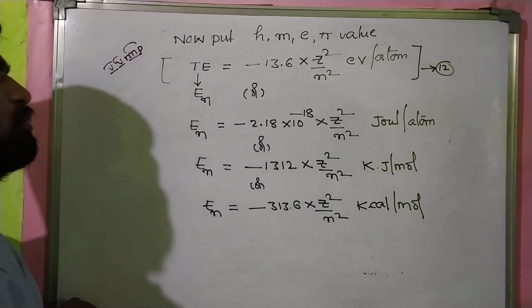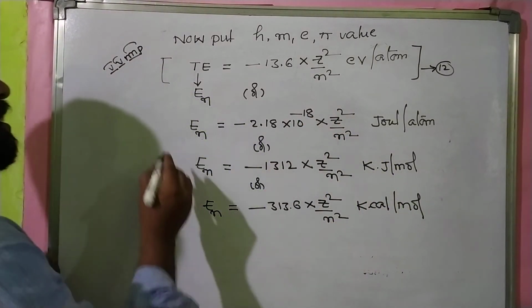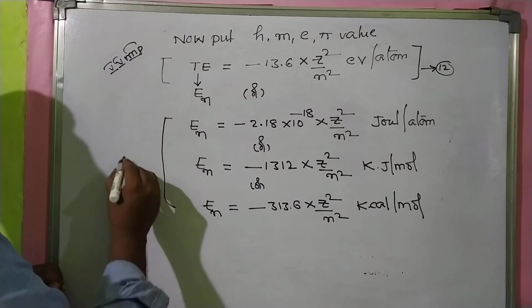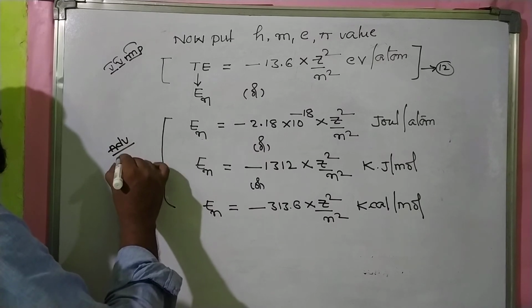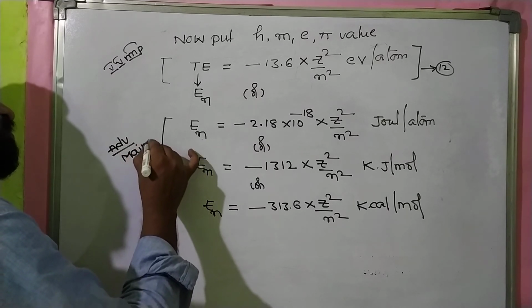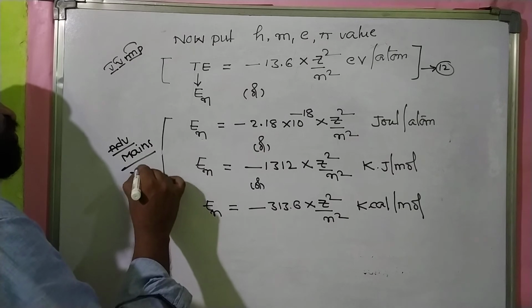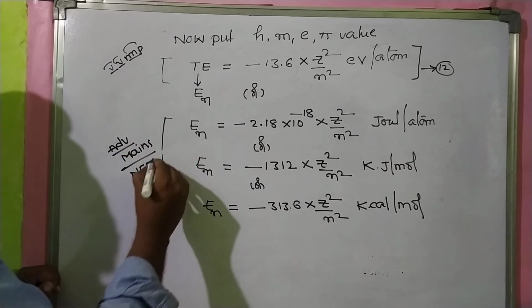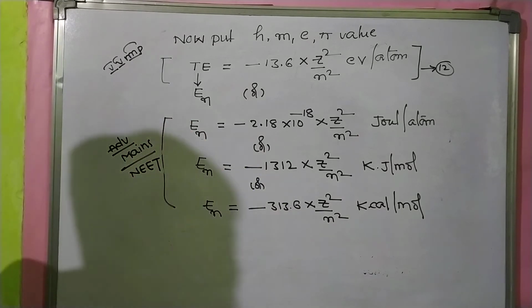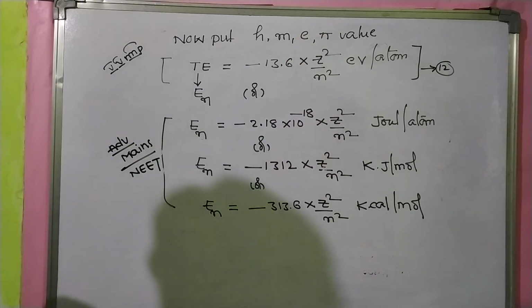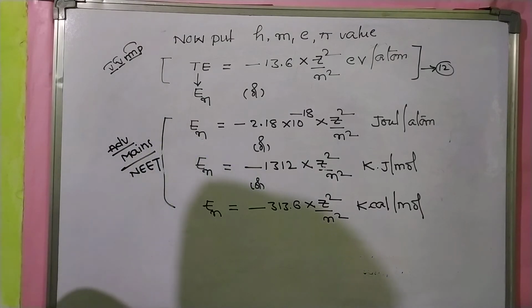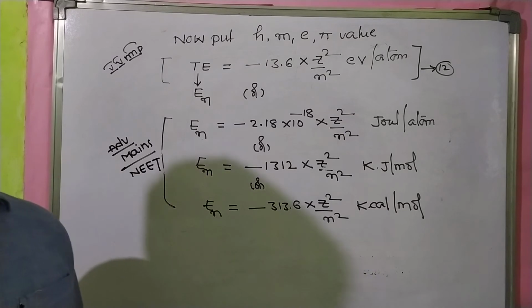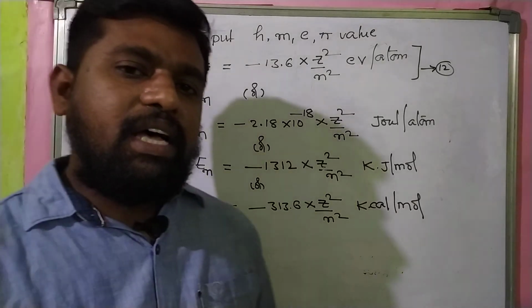So these are most important formulas, very, very, very important for Advanced, Mains and NEET also. Please remember all these equations for calculating the energy of an electron in any orbit of a hydrogen atom or hydrogen-like species.